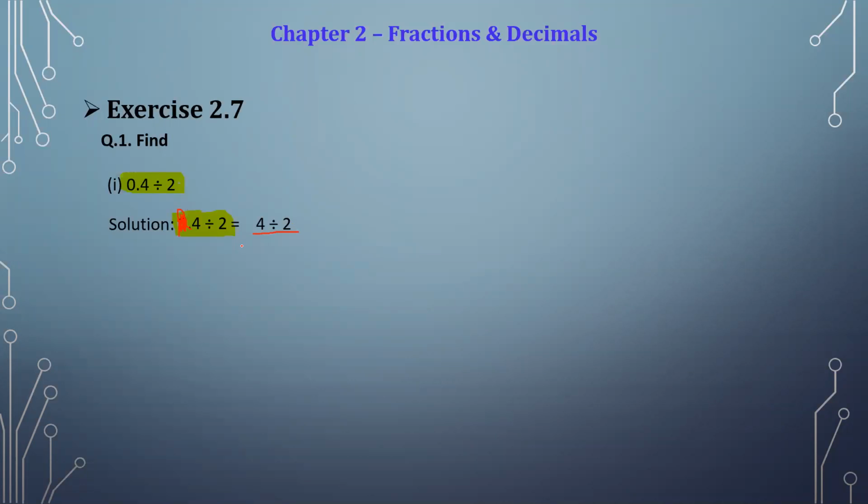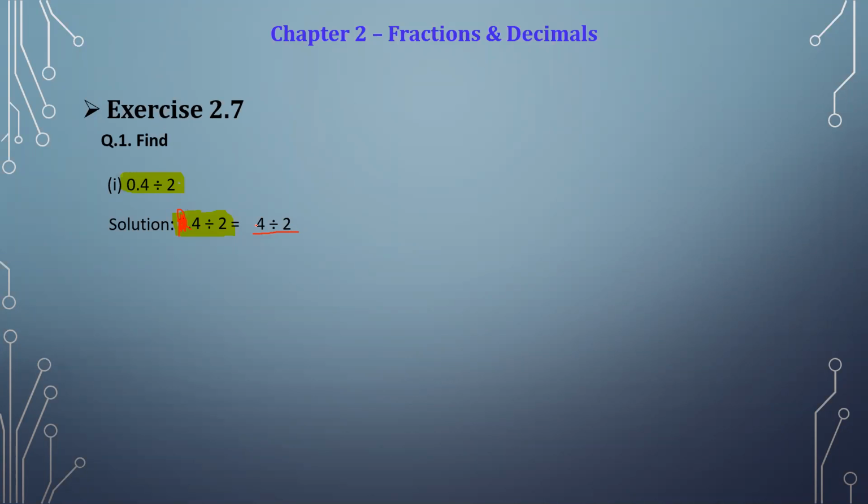Here we haven't done anything. We just ignored the decimal point for a temporary purpose, and after ignoring it we are getting both whole numbers: 4 divided by 2.